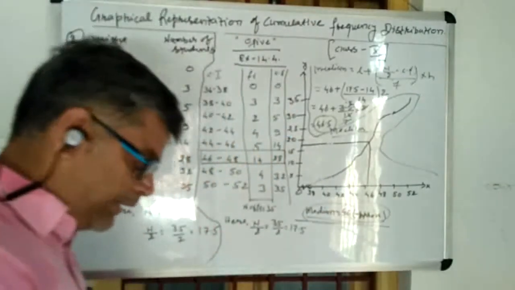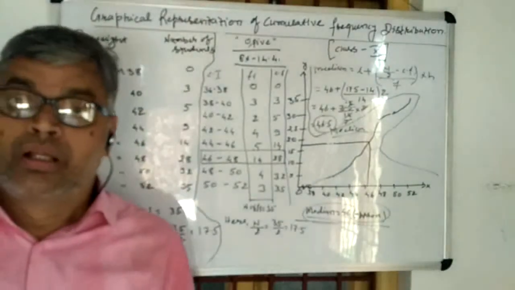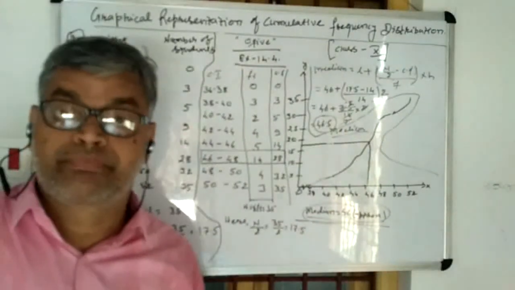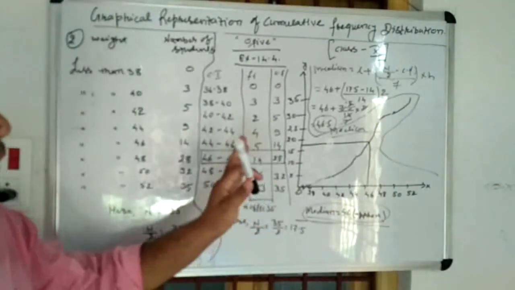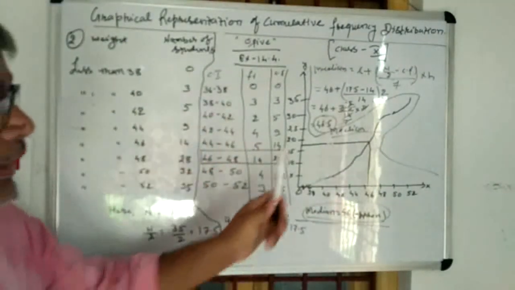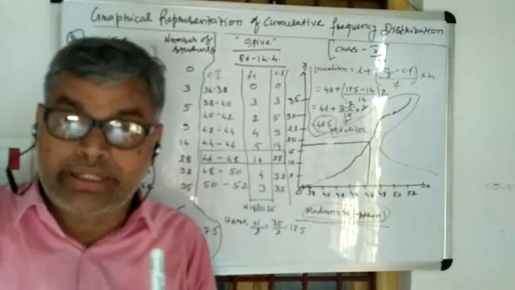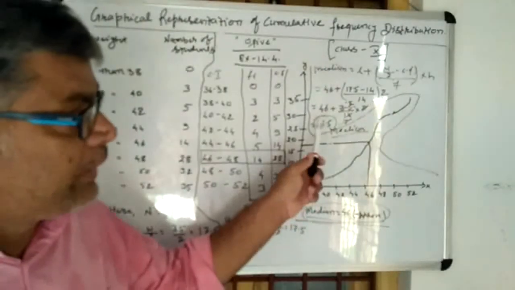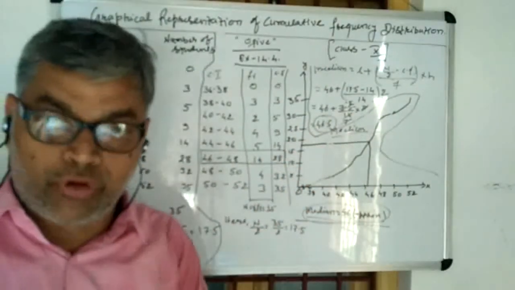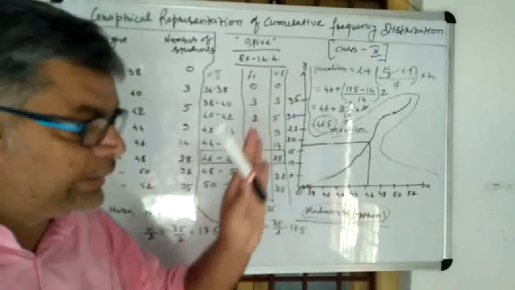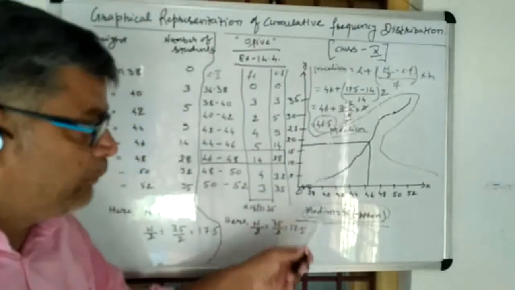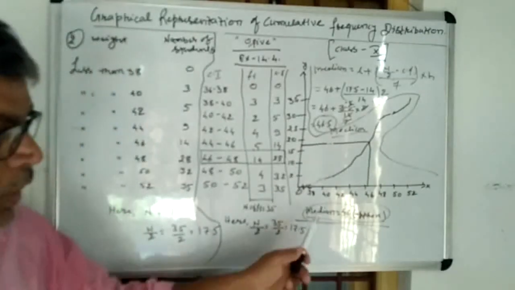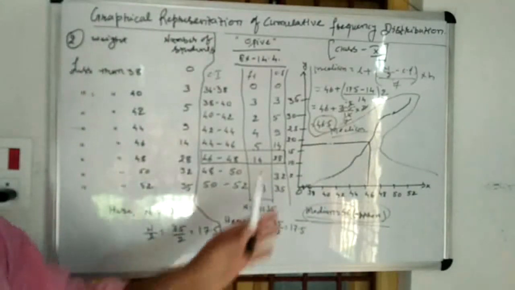So in this way you see that the median calculated by drawing the ogive is nearly the same as the median obtained by the general formula of calculating median. When we calculate the median by using the formula, your median is 46.5, and when we calculate the median through ogive, we got 46 approx in a rough manner.